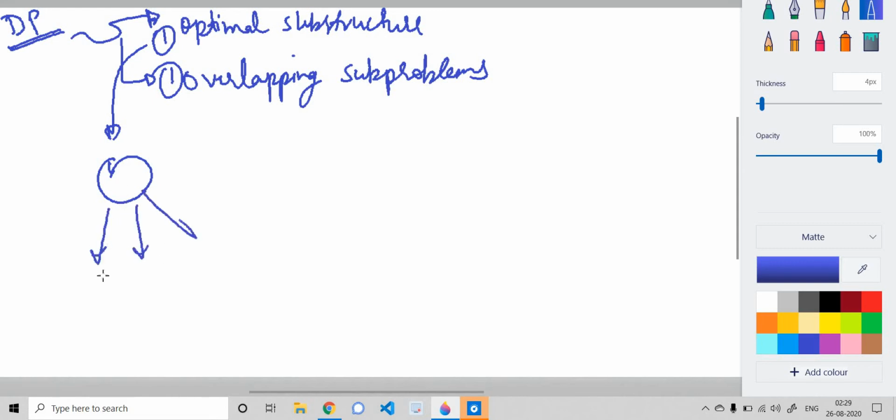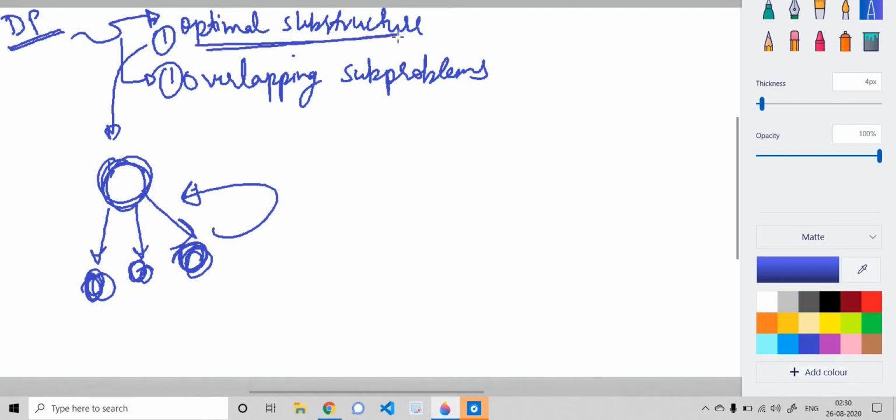Then we should be able to use the optimal solutions of these smaller subproblems to build up the optimal solution of the bigger problem. It is also similar to the induction part. It is called optimal substructure.